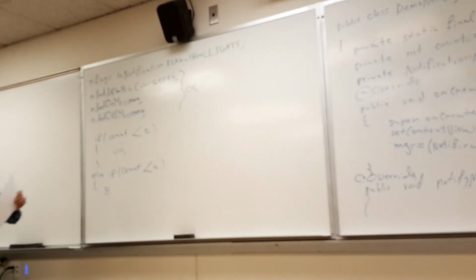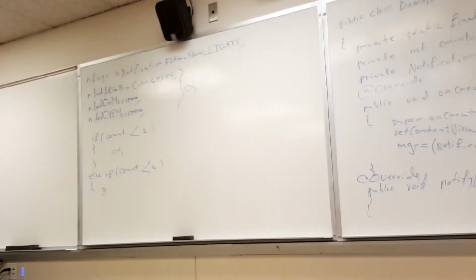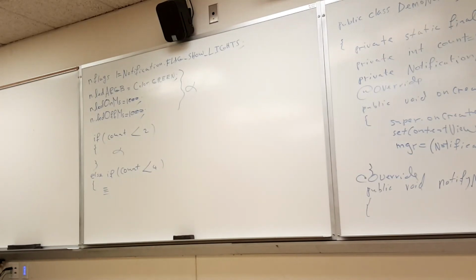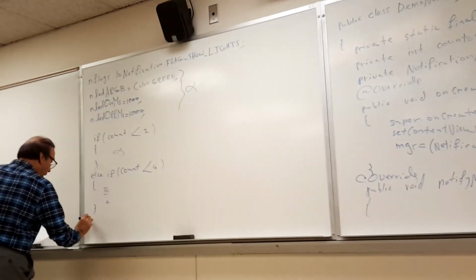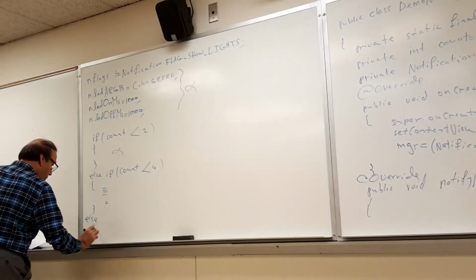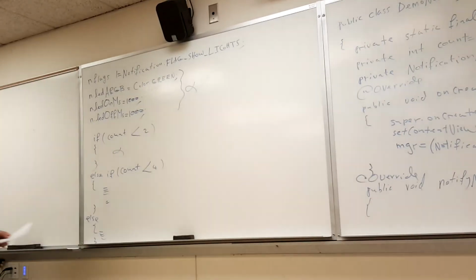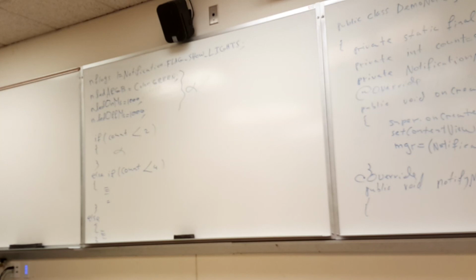Maybe you want to make the light turn on and off faster, or change the color, or whatever. Else, whatever. So you could do all of these things, and this is very nice to do if the message that you're sending as a notification is really important.